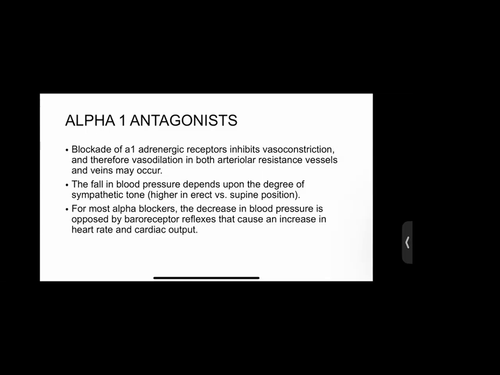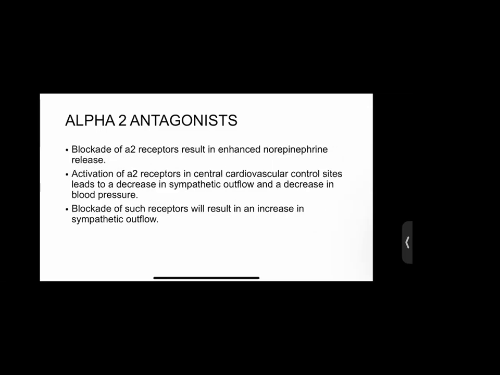For most alpha blockers, the decrease in blood pressure is opposed by the baroreceptor reflexes that cause an increase in heart rate and cardiac output. Then we have the alpha-2 antagonists. A blockage of alpha-2 receptors will result in enhanced norepinephrine release.